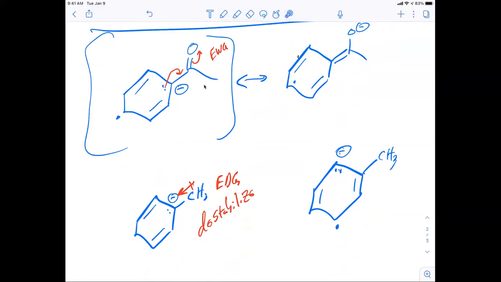That's the inductive, but you also have resonance, and resonance is more powerful than inductive. So if we think about carbonyls, they have a weak inductive, but they have a solid resonance. So carbonyls, nitro groups, sulfonates, all of those have potential resonance that I can take that negative charge and put it out on the ring. So it's pulling electron density away from that ring. So if my intermediate is negative, that's going to actually stabilize it.